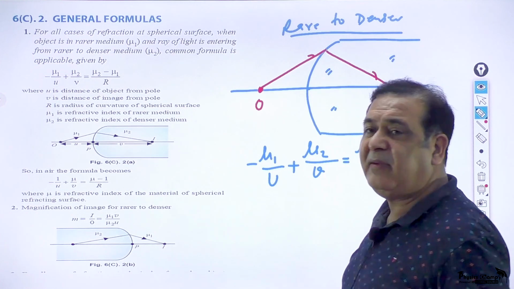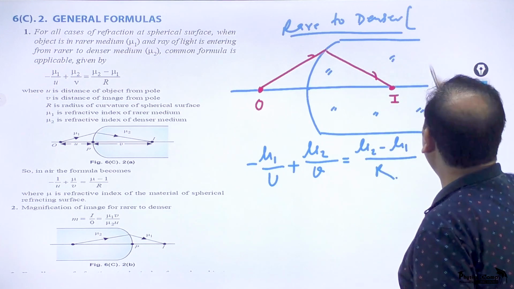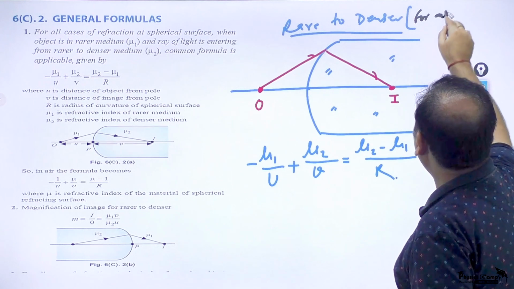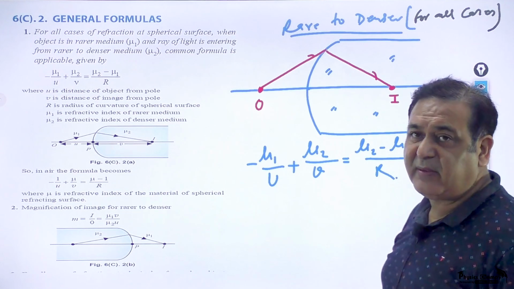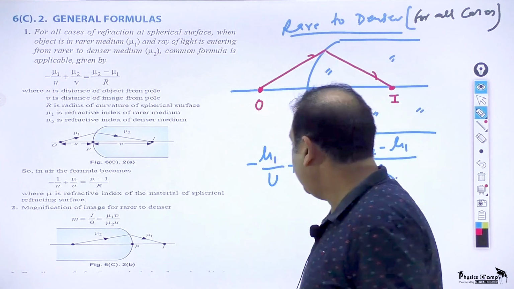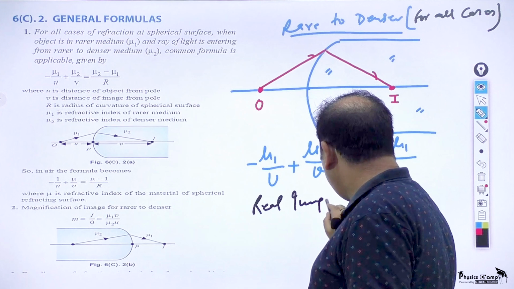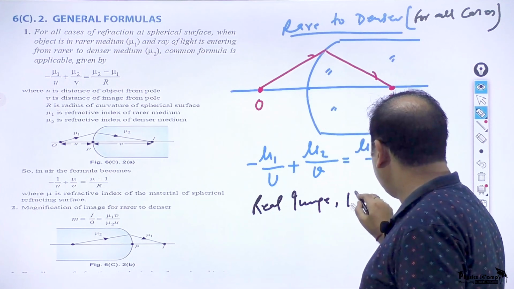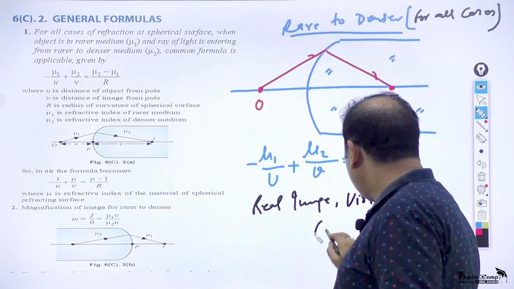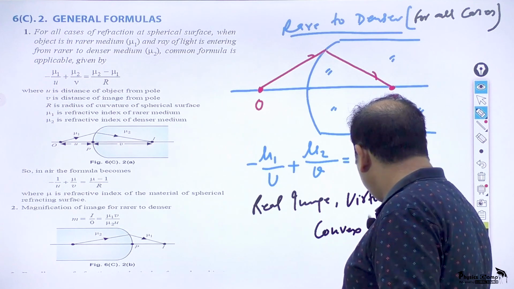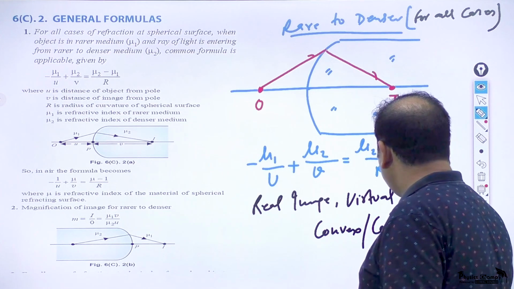So for all cases of rare to denser, this is very important. When we say for all cases of rare to denser, it means it may be a real image, it can be a virtual image, it can be a convex or a concave refracting surface.